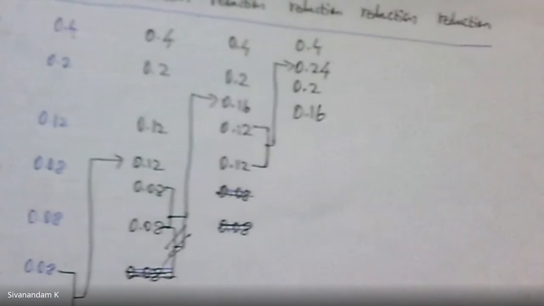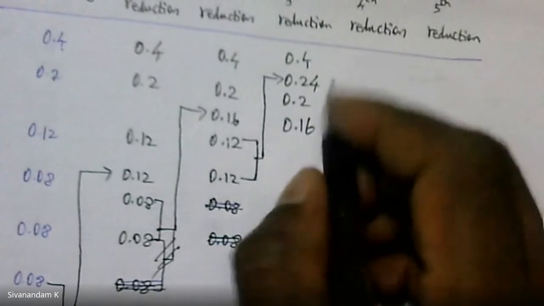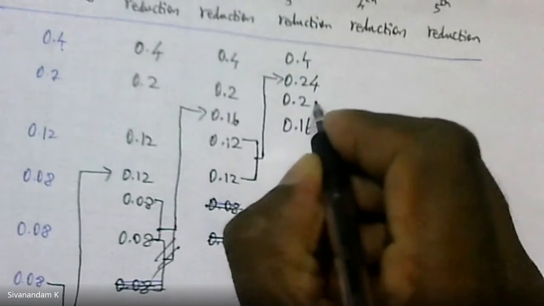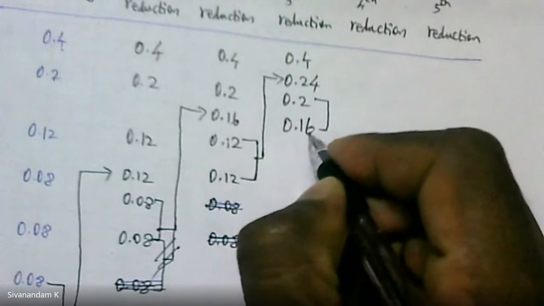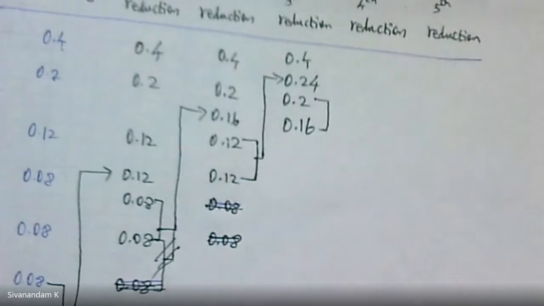Then again we proceed with one more reduction. 0.2 plus 0.16 gives 0.36.